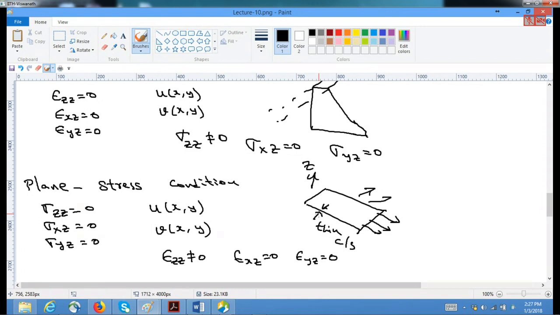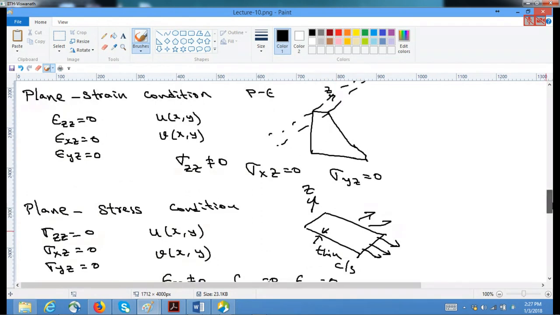When the third direction has so much constraint that it is effectively infinite, you make the plane strain reduction of the cross section. If you can't do that, then you need to go and solve a full 3D state. When you solve a 3D state, you get a triaxial state, which you are presenting in this.